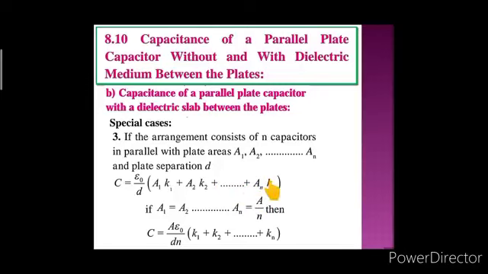That means in this bracket we are taking common A upon n from each term. And hence when we are taking out common A upon n, in the bracket it is left with K1 plus K2 plus K3 till Kn. And the equation would become C is equal to A epsilon naught upon d n into in bracket K1 plus K2 plus K3 till Kn.